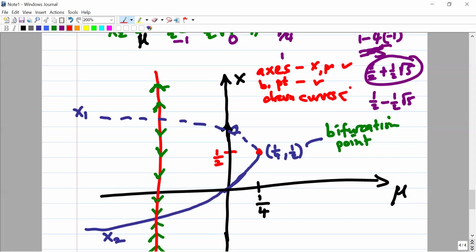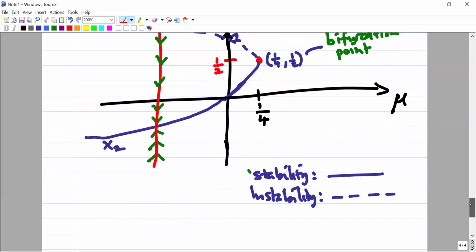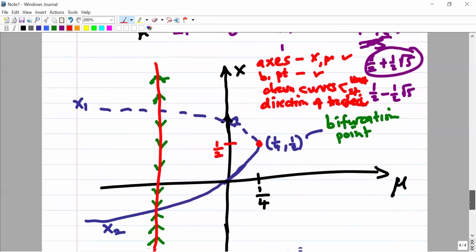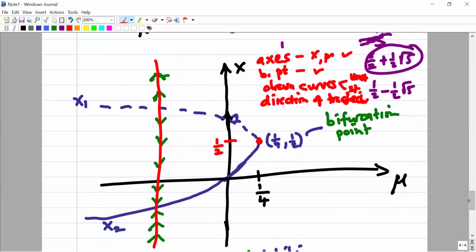And with the curves, we have shown the ones that are unstable, then the ones that are stable, by unstable dashed, stable bold. And then we have also shown the direction of trajectories. Right, so basically that's what a complete bifurcation diagram should look like.